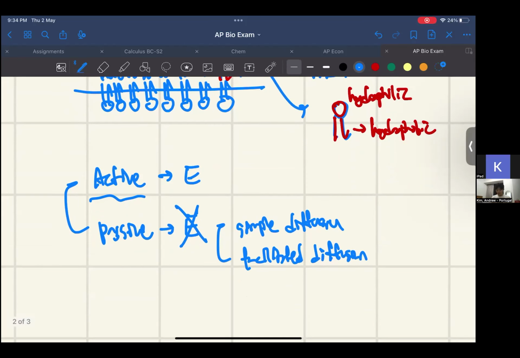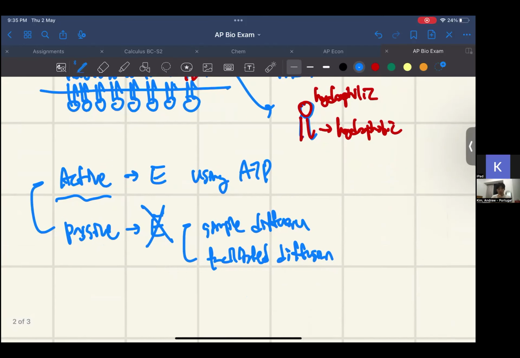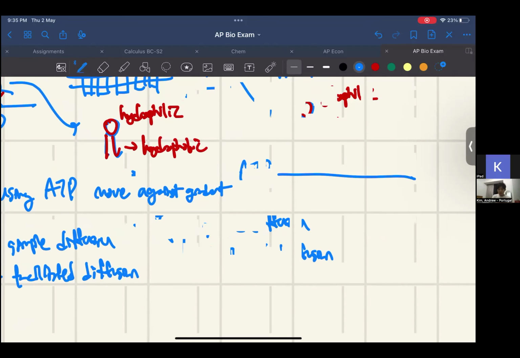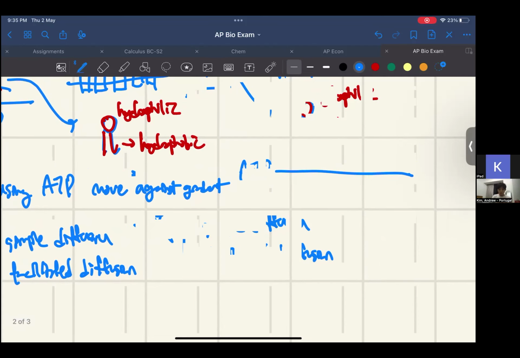Now, in active transportation, by using ATP, which is usable energy, components would move, but normally they would move against the gradient. In other words, if here's a membrane, and let's say we're moving H plus, okay? H plus.